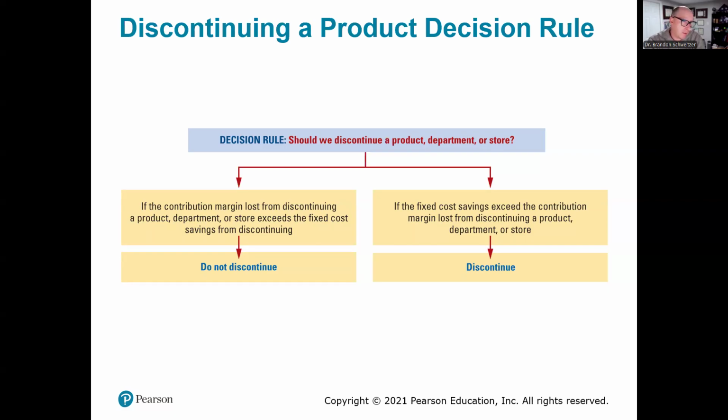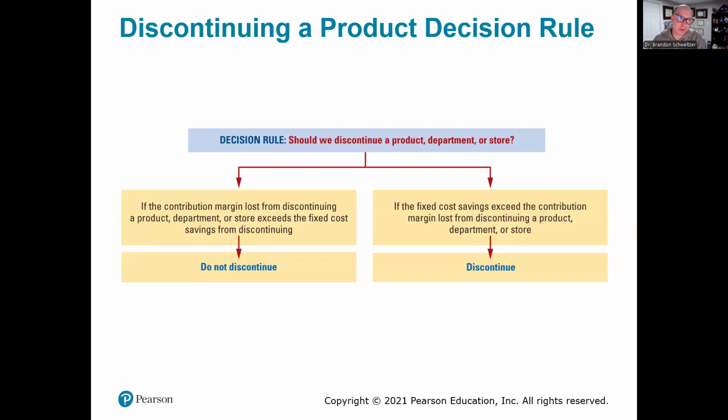So, it's a tough call sometimes. Sometimes we need to discontinue. Sometimes we need to continue selling it even though we're not making money on it, right? So the rule of thumb here is that if your savings outweigh the cost of making it, then yes, we'll discontinue it. But if they don't, all we're doing here is minimizing our loss, right?